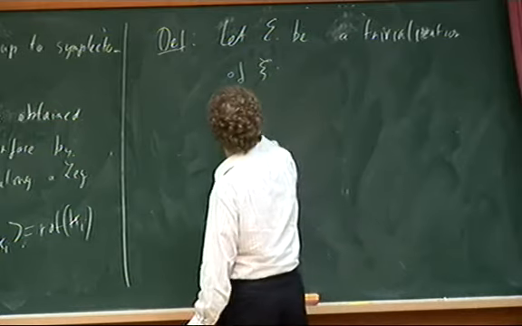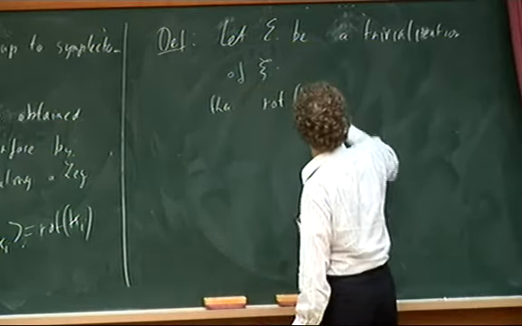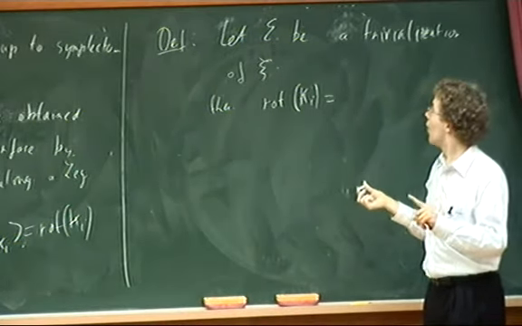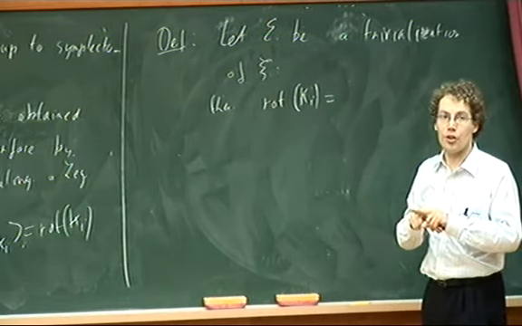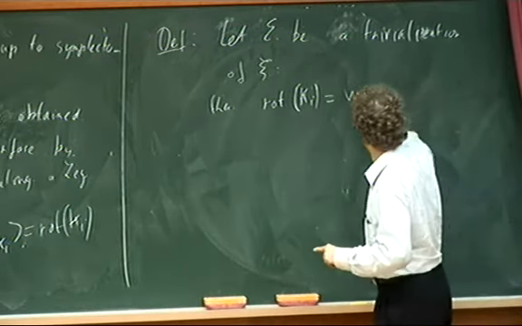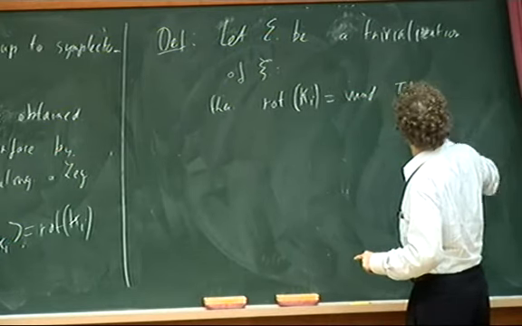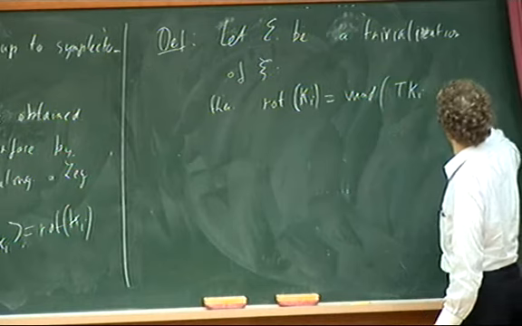So then the rotation number of a knot K_i: the tangent vector of the Legendrian knot lies in the contact structure, so it has a winding number with respect to the trivialization, and that's what we do. This is just the winding number of the tangent vector. Sorry for the sloppy notation, but I hope you know what I mean.